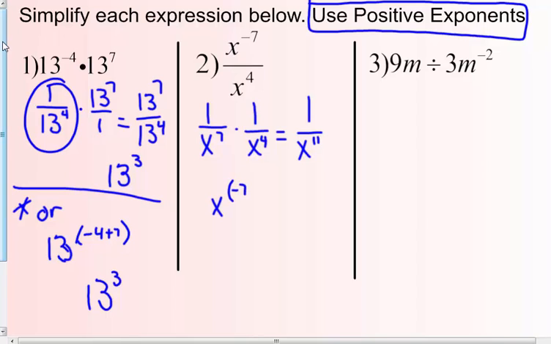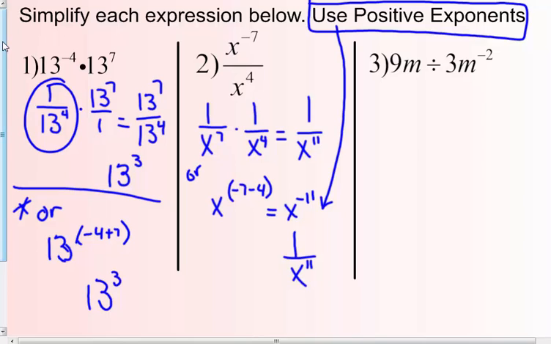That's negative 7 minus 4. Oh, that's x to the negative 11th. But it said write as a positive exponent. So I would have to drop this to the denominator, do the multiplicative inverse of it, and say 1 over x to the 11th. So I could do it either way, but I'm going to still get the same answer, 1 over x to the 11th, because I have to answer with a positive exponent.